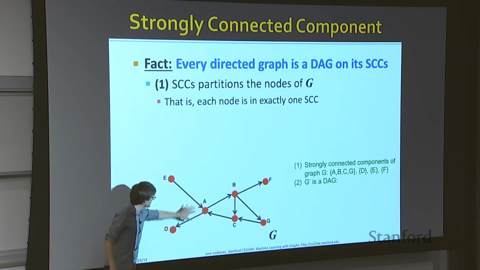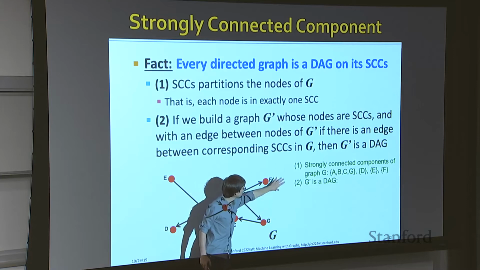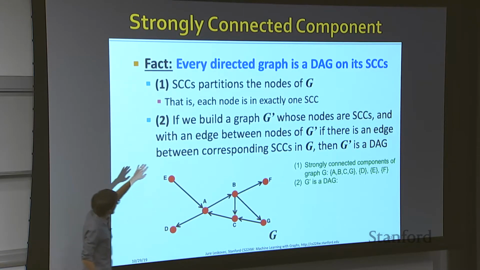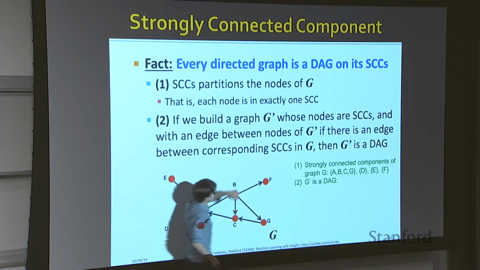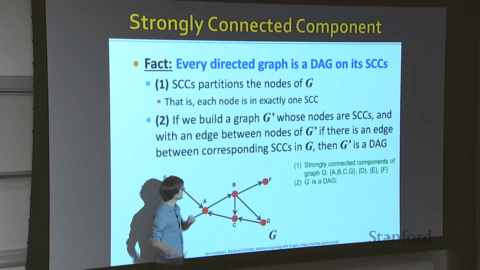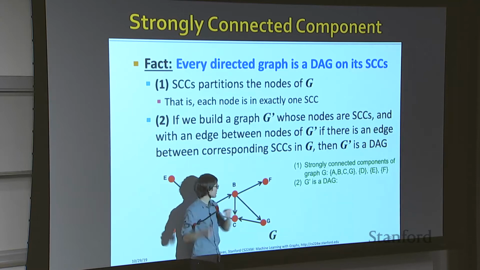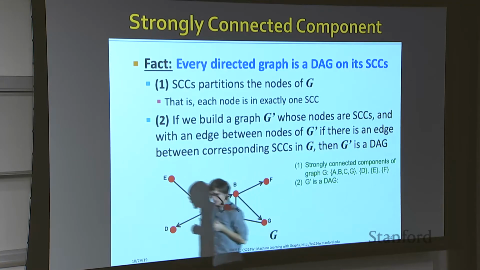So this is my graph, and I showed you before what the strongly connected components are. And now the second claim is that if I build a different graph, let's call it G prime, whose nodes are strongly connected components, and there is an edge between the nodes of G prime if there exists an edge between the corresponding nodes in the strongly connected components, then this G prime is a directed acyclic graph.